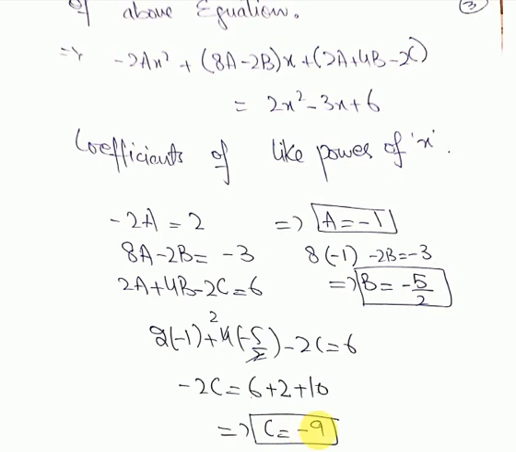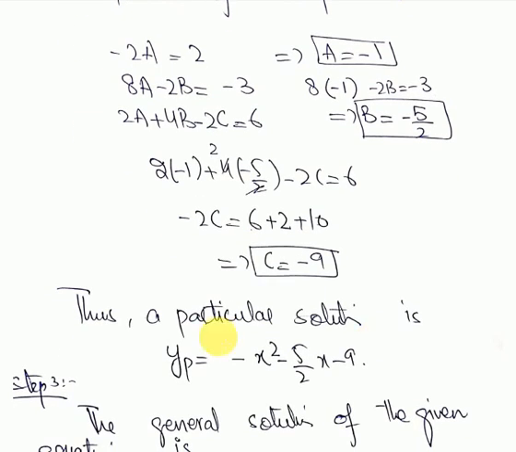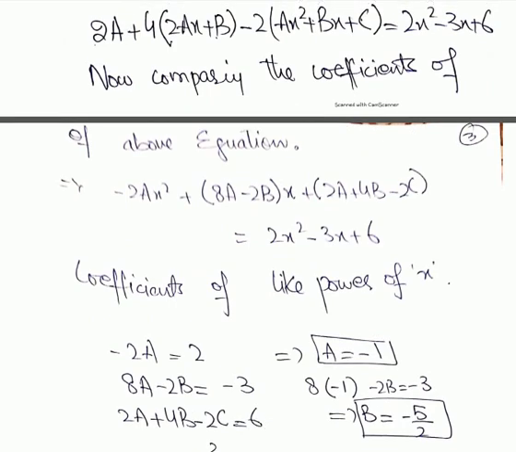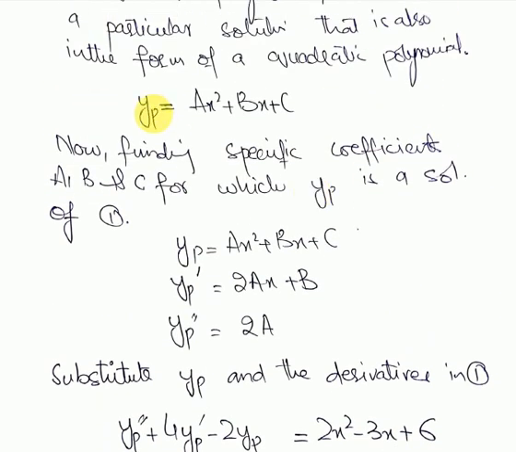What we will do with these values a, b and c is put them in our yp equation, because we have to find a particular solution. We assumed yp is equal to ax square plus bx plus c.